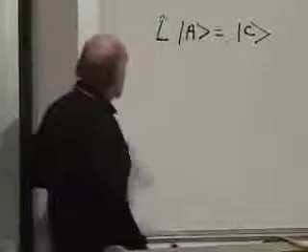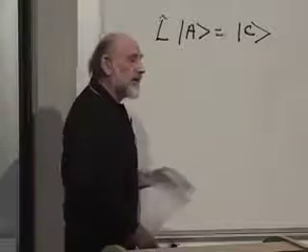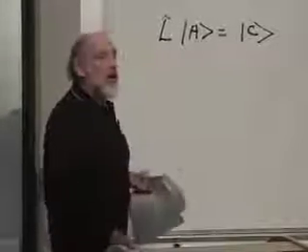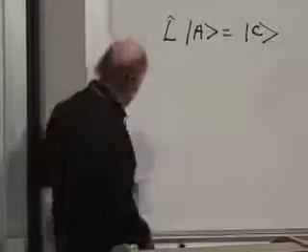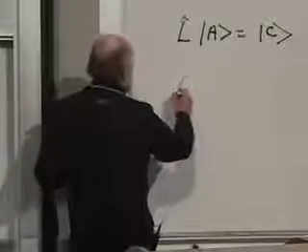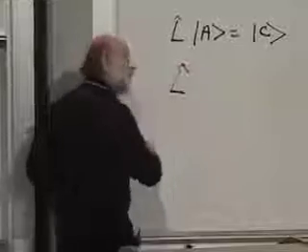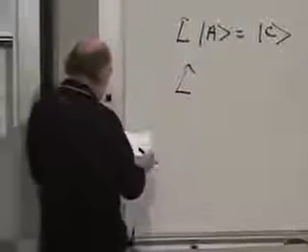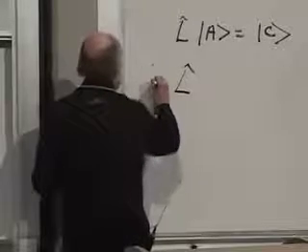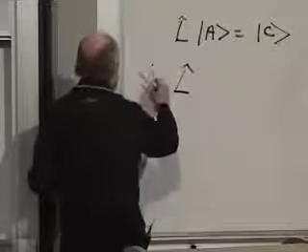But given a linear operator, which is defined in terms of its action on kets, we can also define its action on bra vectors in the following way. I wish to define the operation of L on a bra vector B.